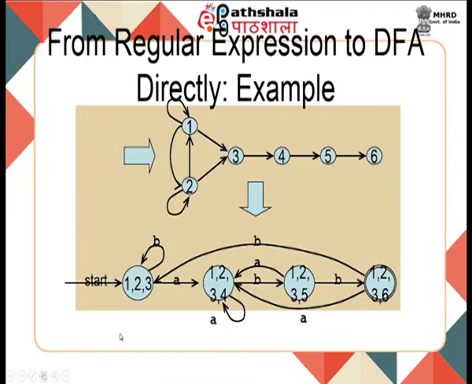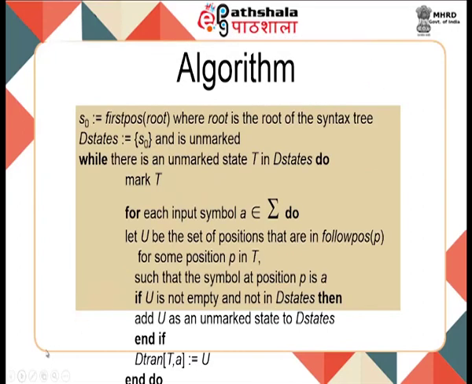So, that corresponds to your start state, and then you have to look at 1 comma 2 comma 3 on A. Okay. So, what do we do here? Well, there is an unmarked state T in D states, mark T, and for each input symbol A belonging to sigma, do let U be the set of positions that are in follow position of P for some position P in T, such that the symbol at position P is A. If U is not empty and not in D states, then add U as an unmarked state to D states.